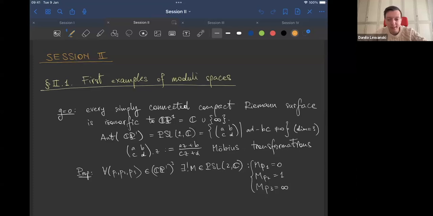There is this standard proposition in complex geometry that says that every time you fix 3 points on CP1, and then you also fix 3 points as the images of these points through some Möbius transformation, then the map is unique.